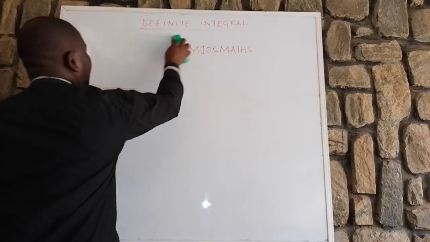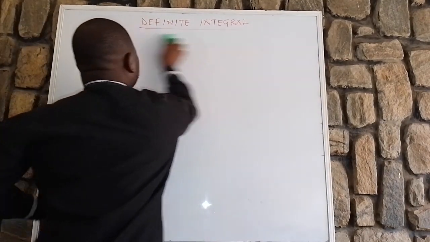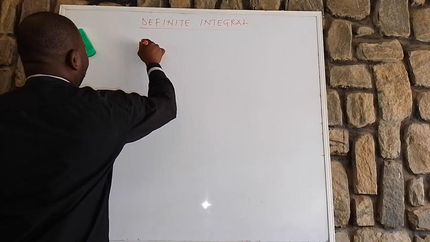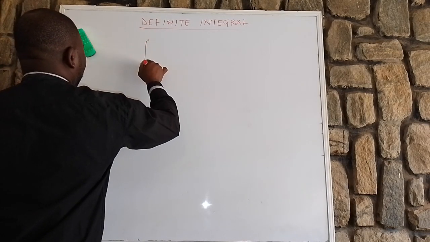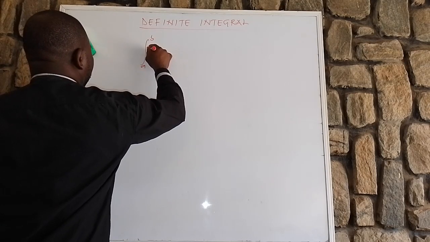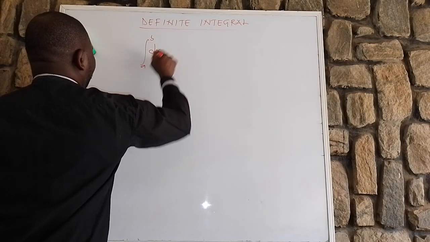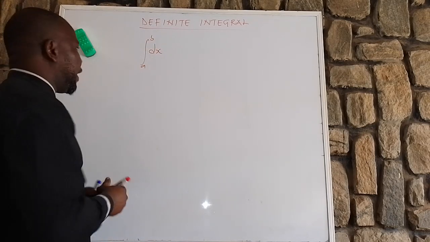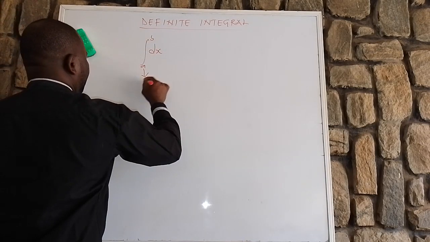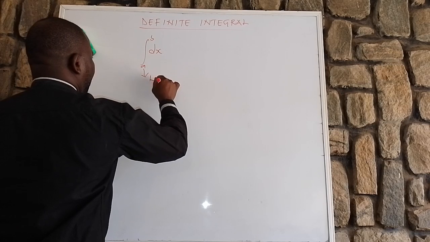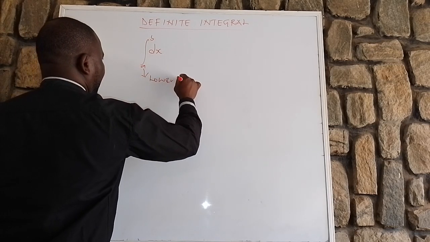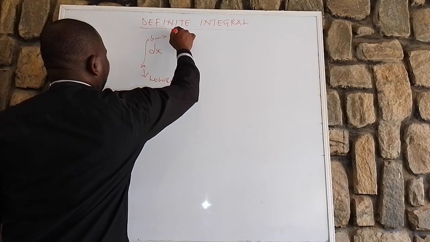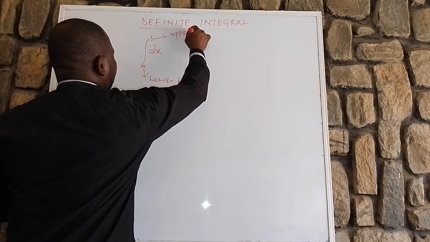Okay, so now let's look at definite integrals. When we say definite integrals, they are integrals of this form. We call these definite integrals because we call this one the lower limit, and this is called the upper limit.